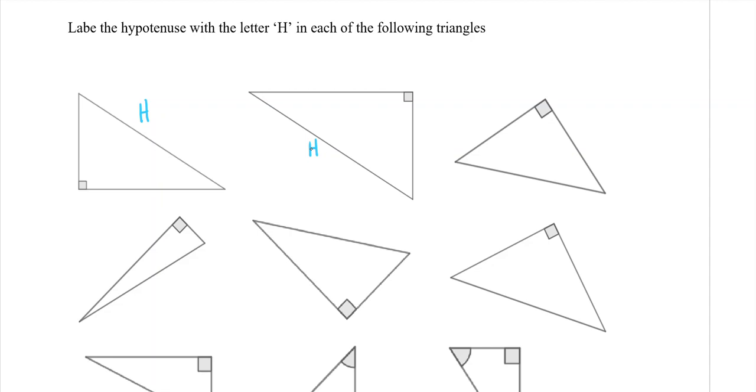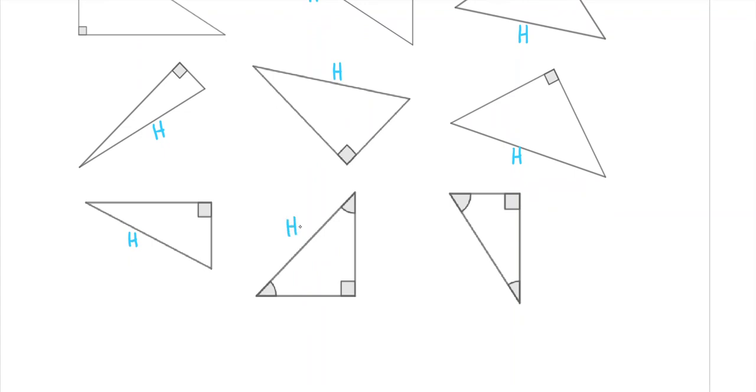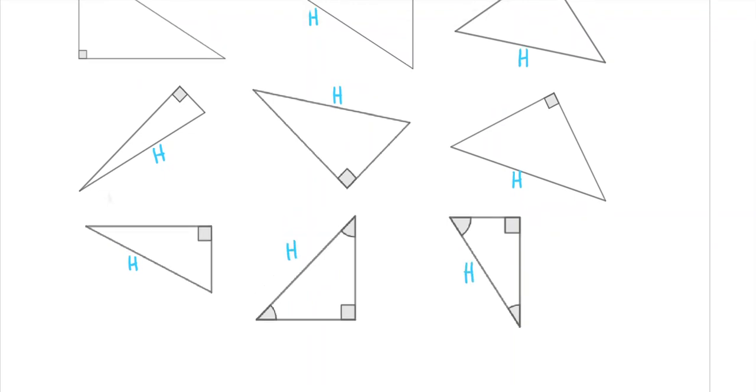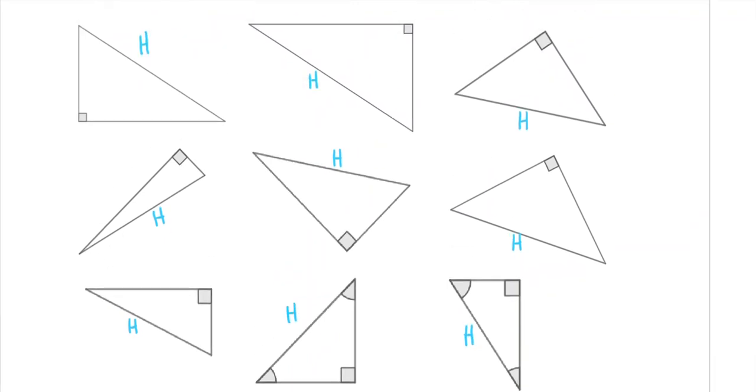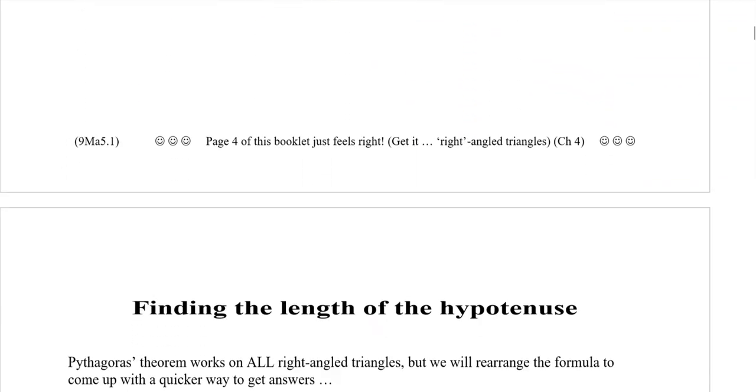Done already. It's too easy. How about the rest of you? Yeah? As quick as that? Did you get them all? Alright, good. Just very important that we know how to do that.